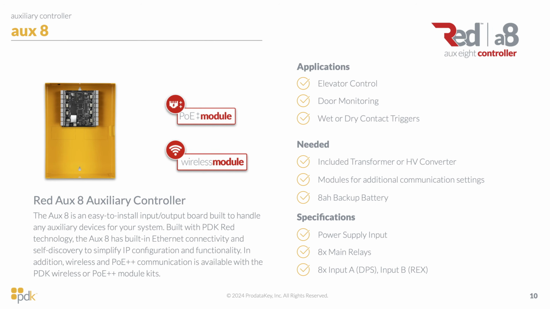So these aux8s are typically used for things like door monitoring, or elevator controls, or alarm controls. It also has a pretty significant power output. I believe it's about 0.5 amp per port, if I remember correctly. And it is going to be very versatile. It works just like a normal door controller, but without the reader inputs. It's just designed to receive inputs and trigger outputs.